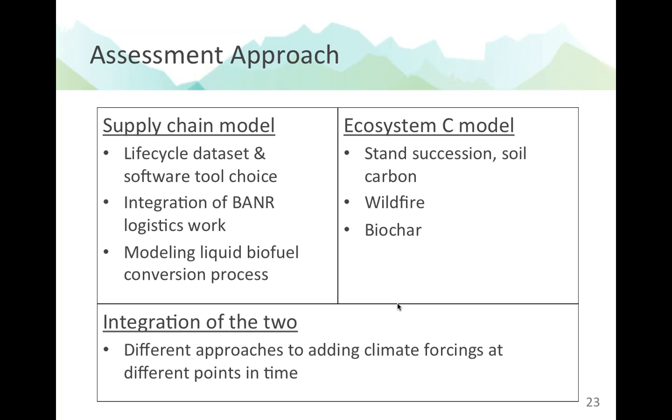And then we're going to look specifically at the Cool Planet Energy Systems technology to make biofuel and biochar. We're going to model their system and try to quantify how efficient that is, how much energy that takes, how much fuel we get out of that system, how much biochar we produce as a co-product. So that's the engineering side of things.